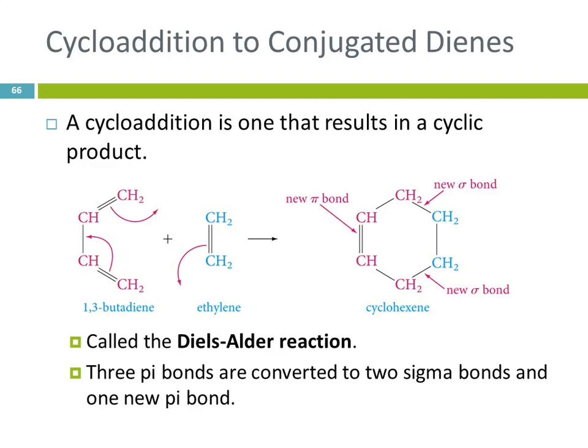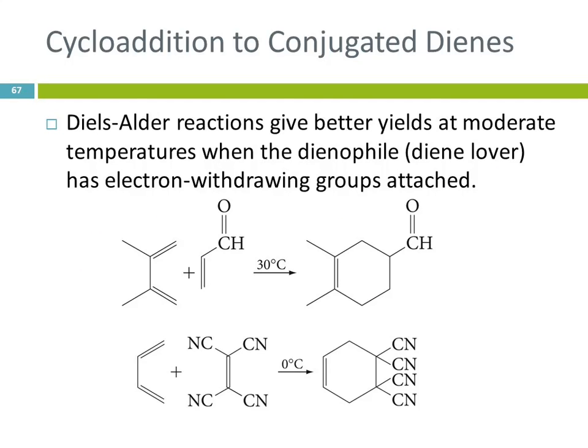And so the electrons have just done this little dance and made a cyclic compound. I will not ask you to do anything with this reaction on an exam. This is called the Diels-Alder reaction, and it's a really, really useful reaction for synthesis.